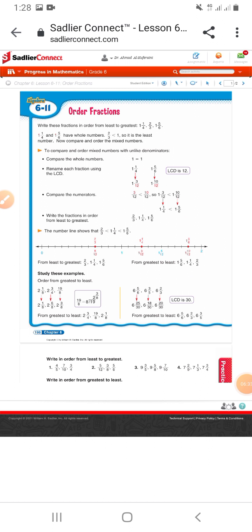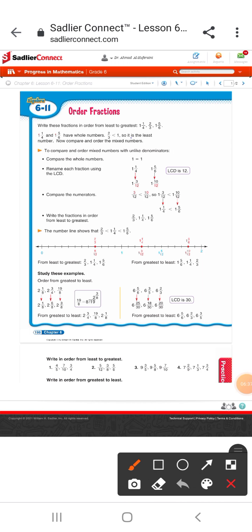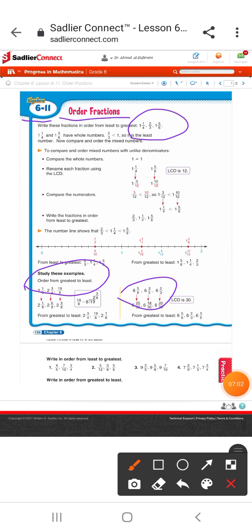But I still need you to do one single thing: answer this question here in your notebook, this one here, this example here, and this example here. So 3 examples are your homework. You have to write the title, the page number, and try to do them. Try to watch the video more than one time so that you can understand what I will explain in the next live session, inshallah. I will see you on Sunday.